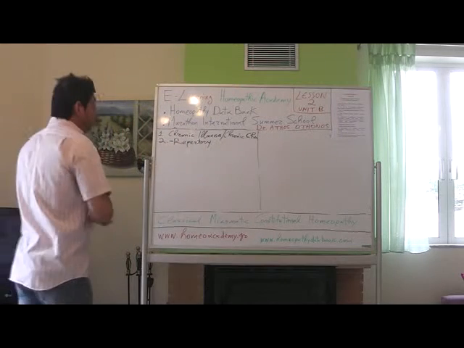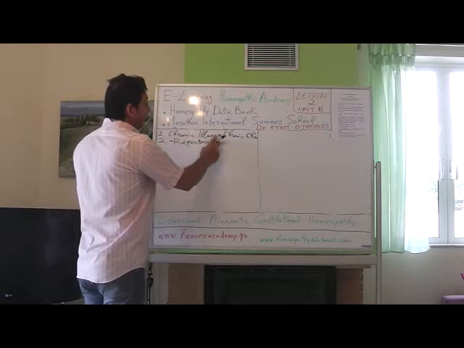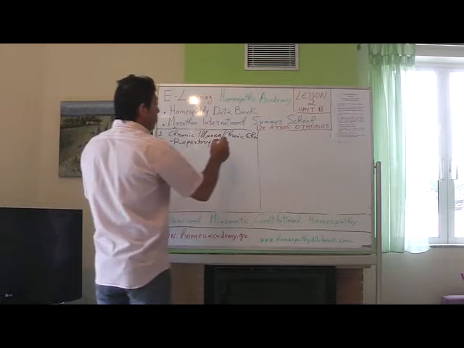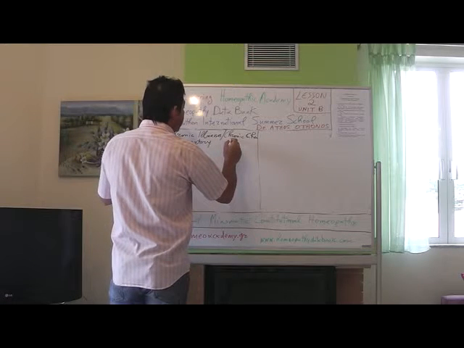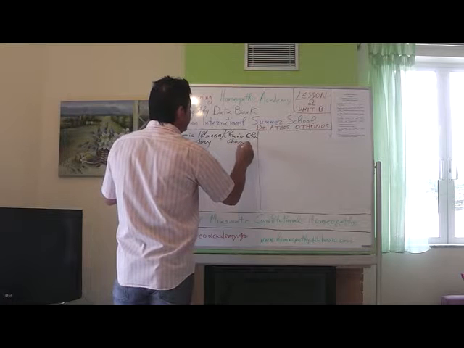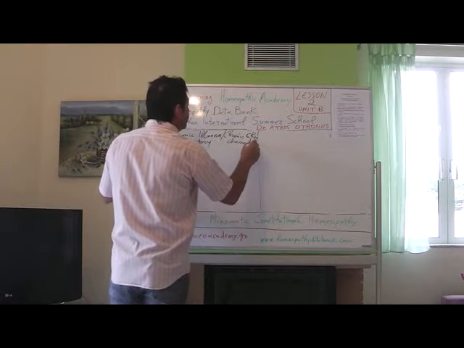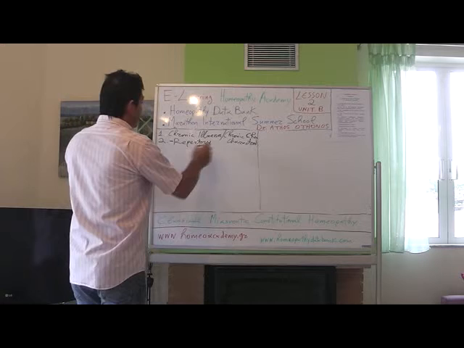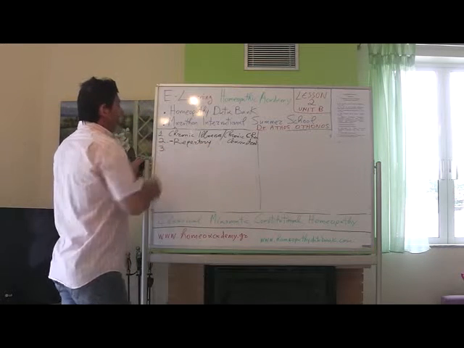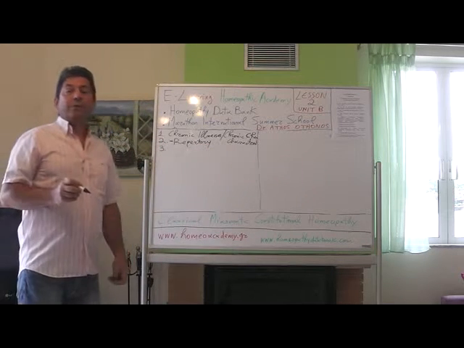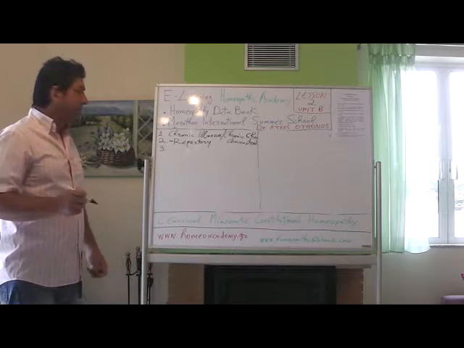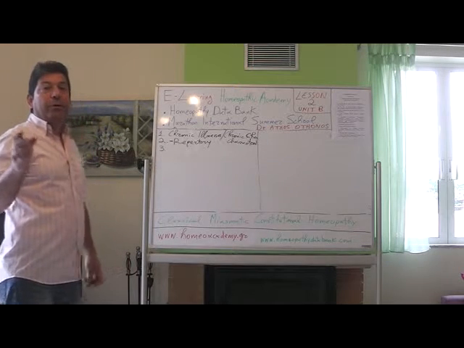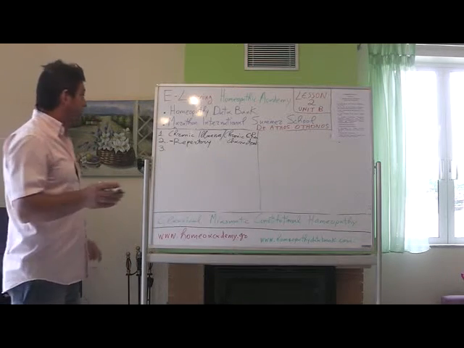So, we are focusing on chronic illness, so we are basing on characteristics and not on symptoms. We don't use repertory, so we are not confused with remedies that are not true remedies, and with all the disadvantages of repertory.